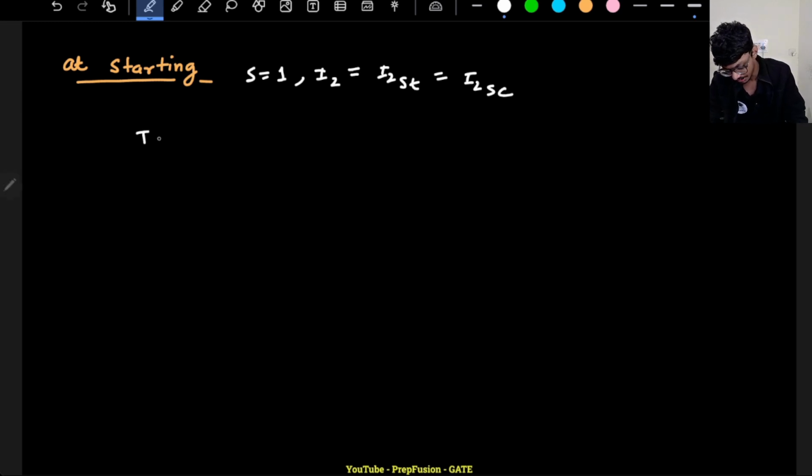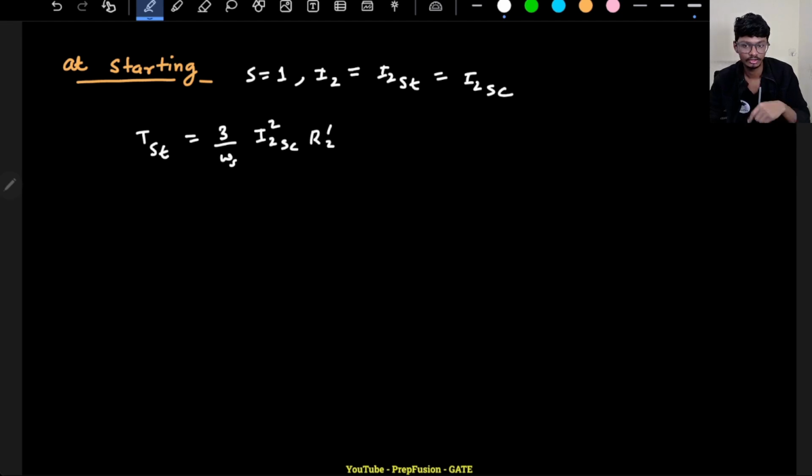The starting torque will be 3 by omega s into PG starting, so PG starting will be I2 SC whole square into R2 dash. S will not be there because S is 1, so it is automatically nullified.